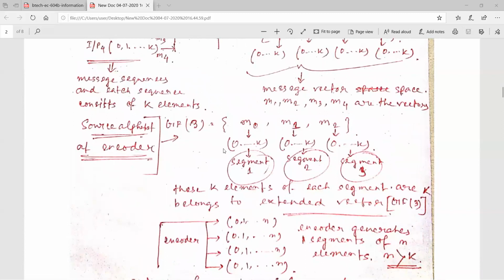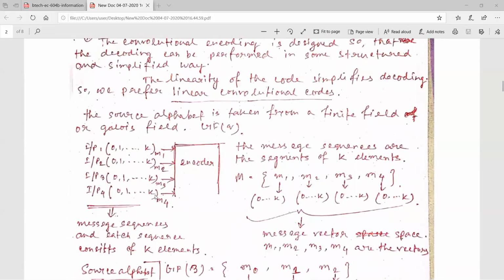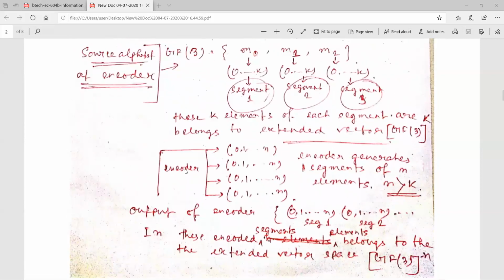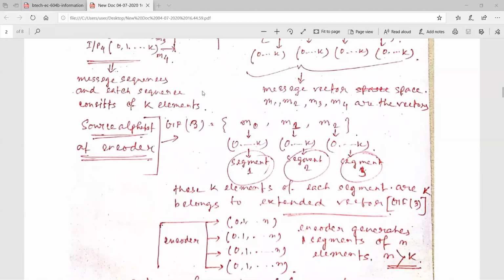We are considering GF3, that means there are 3 messages. If there were 4, it would be GF4. So for the output, this is represented as GF3 to the power n, the extended vector space for the output, as well as the extended vector space for the input, GF3 to the power k.